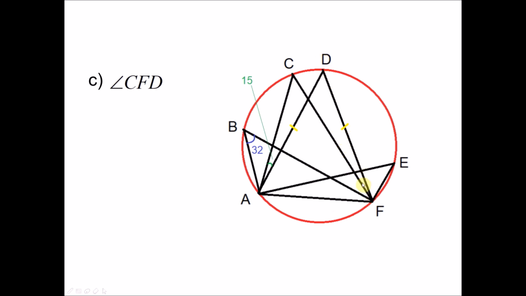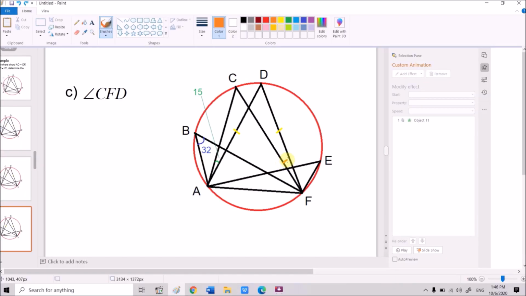CFD. Okay, this time it is this angle here. CFD is this angle here. So you can see that this angle is the angle at the circumference of a circle subtended by the arc CD. And if we look at this side, there is another angle, which is this angle here.